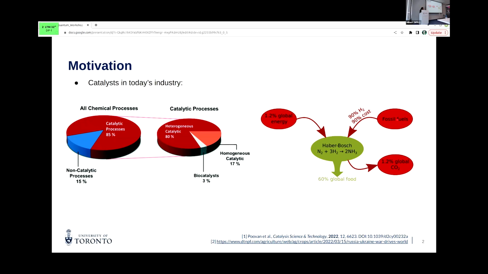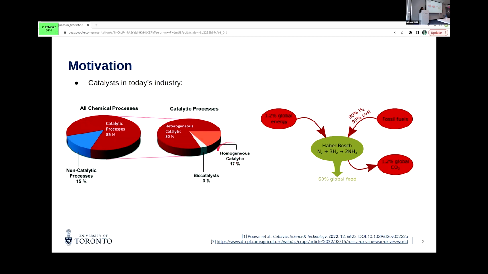So in the catalyst processes, the most popular is heterogeneous catalysis. We talk about heterogeneous catalysis when the reactants, products, and catalysts are not in the same phase. Usually the catalyst is a solid, and the reactant and the product would be in the gas or in the liquid phase.